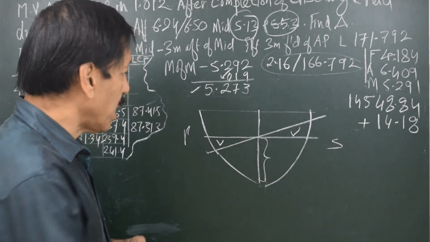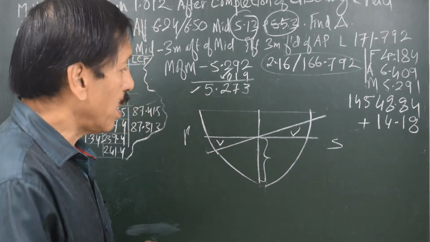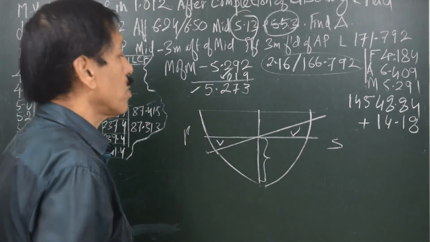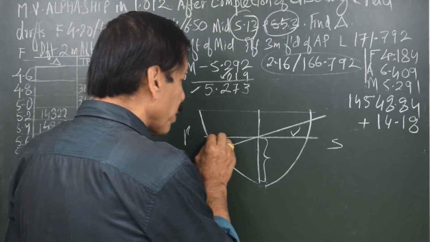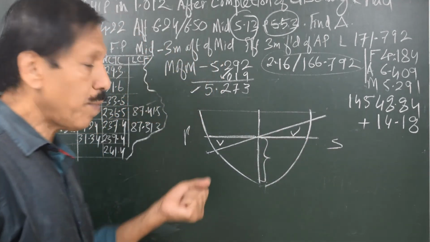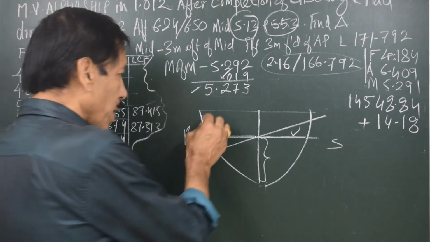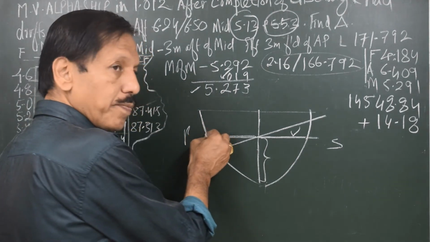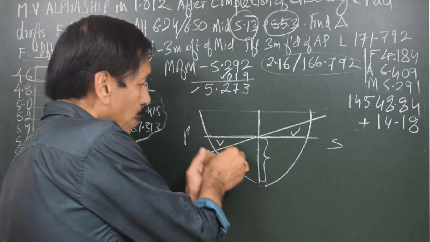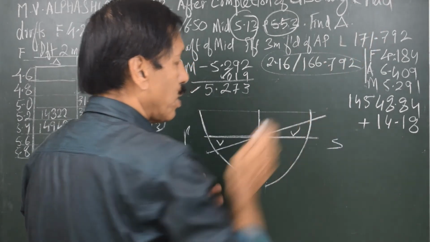If you look at the diagram, consider that this is representing the average transverse section of the ship. Now this side has to be equal to this side. Obviously by the geometry, this side is equal to this side. But from here onwards the ship's hull is coming inwards and from here the ship's hull is going outwards.